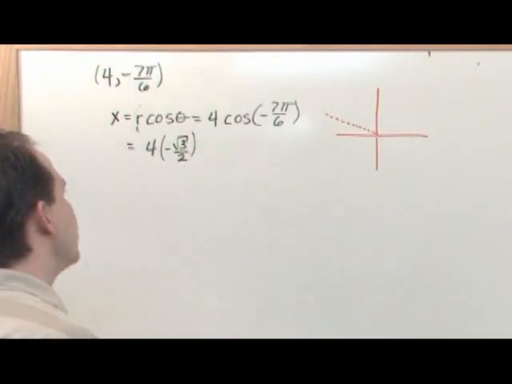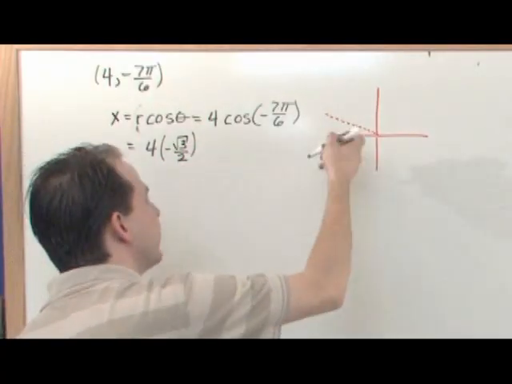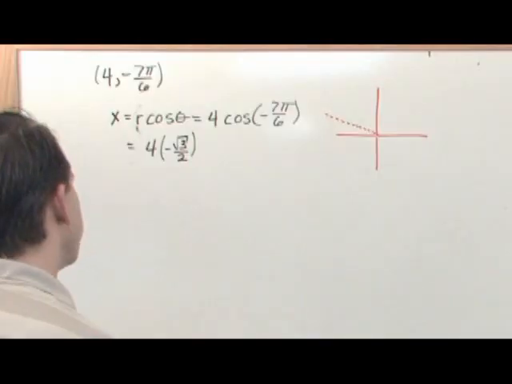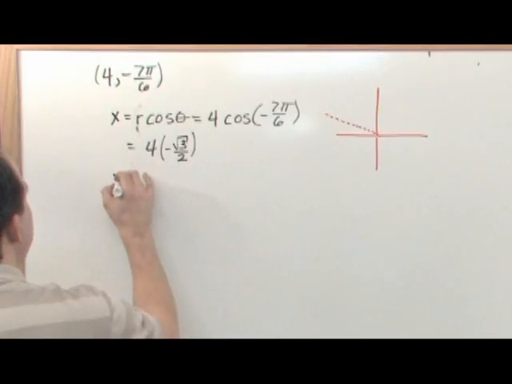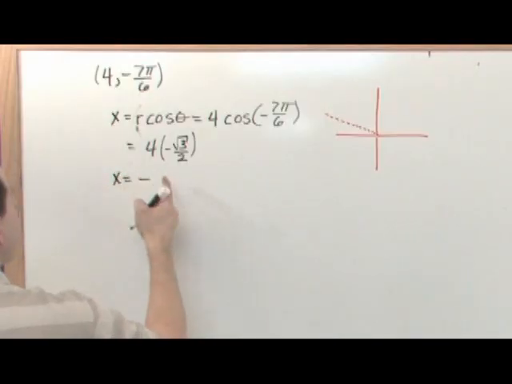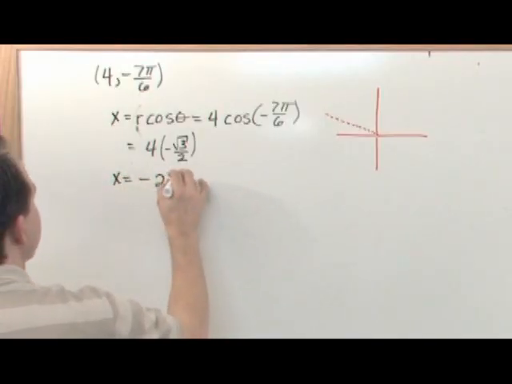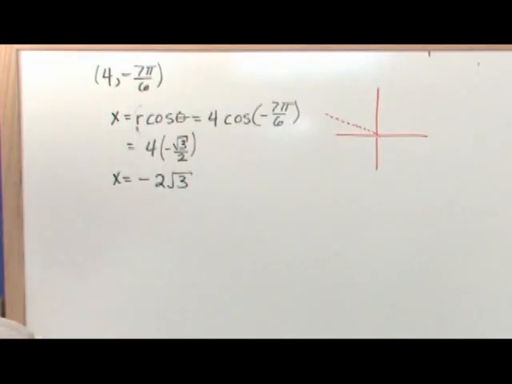You have to know how to count in radians around the circle, and you have to know how to do your trig functions. If you don't know, you should go pick up the trig and pre-calculus tutor to refresh on that. But you have to be able to do that kind of in your sleep in order to survive this. So x is going to be equal to negative 4 divided by 2, which is 2, times the square root of 3. X is equal to negative 2 times the square root of 3.